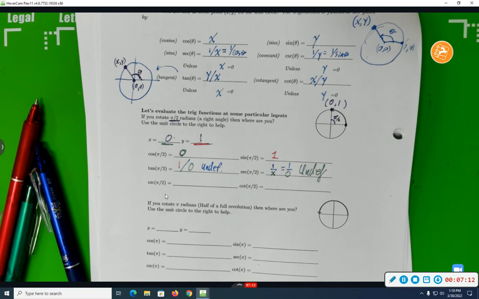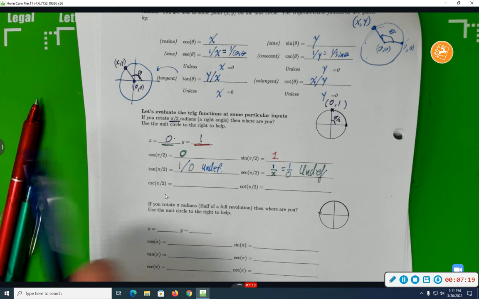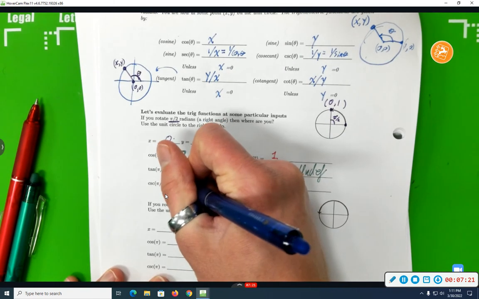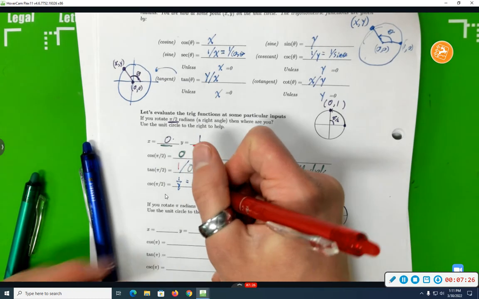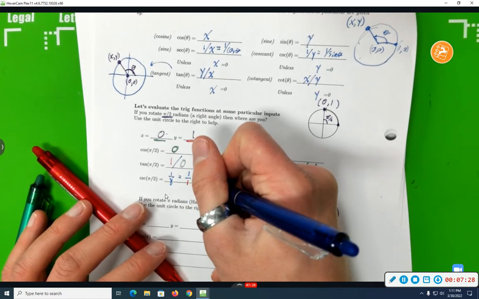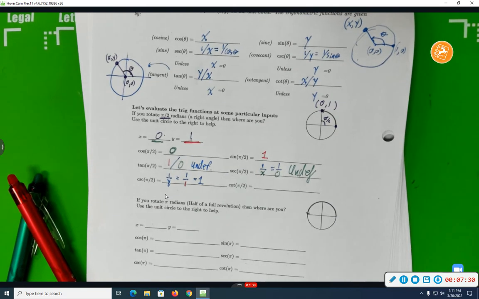What about cosecant of pi over 2? That's 1, because it'll be 1 over the y-coordinate, so 1 over 1, which is just 1. What about cotangent? I hear a 0. Is that the consensus? Right. So as long as you understand these pictures, you can figure out trig functions at least at particular angles.